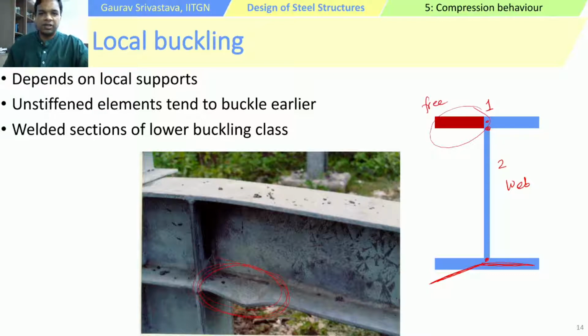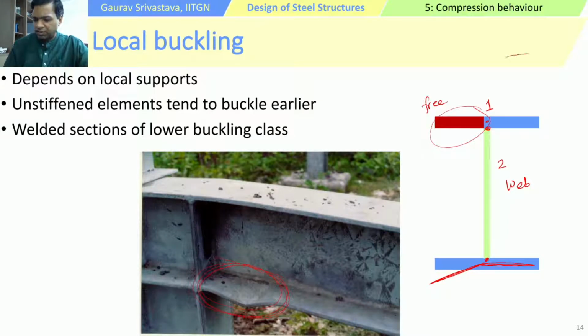Okay, so the flange of an I section is more likely to undergo local buckling, whereas the web is less likely. So these are some considerations which are important from a local buckling perspective, right? So the web is at a lesser risk, the flange is at a greater risk.